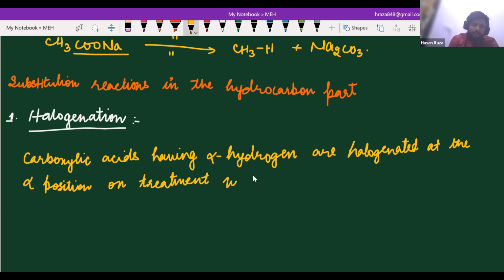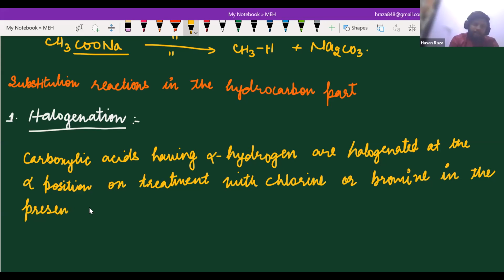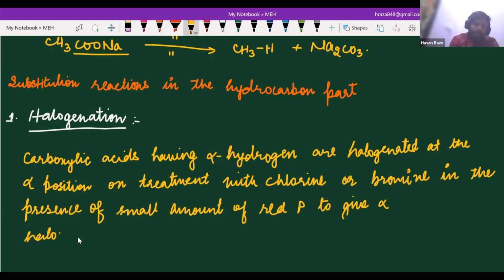On treatment with chlorine or bromine in the presence of a small amount of red phosphorus to give alpha halocarboxylic acids.